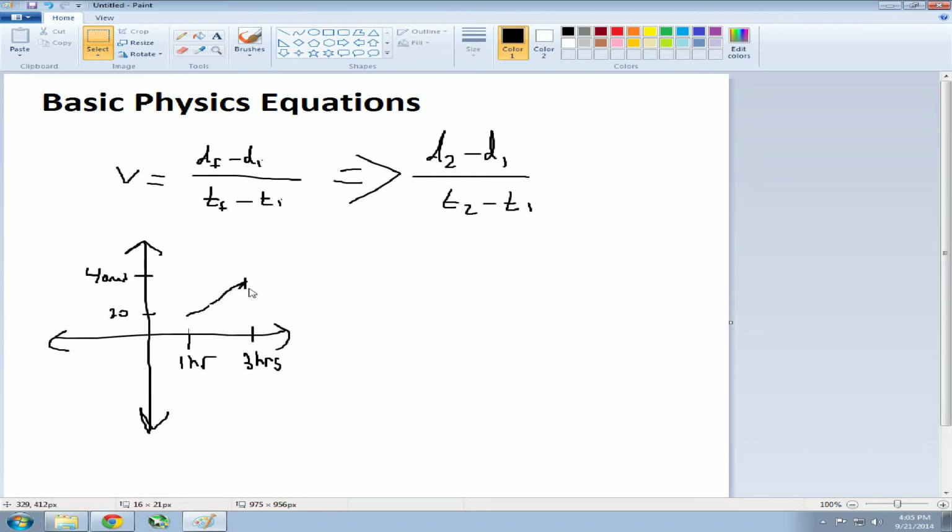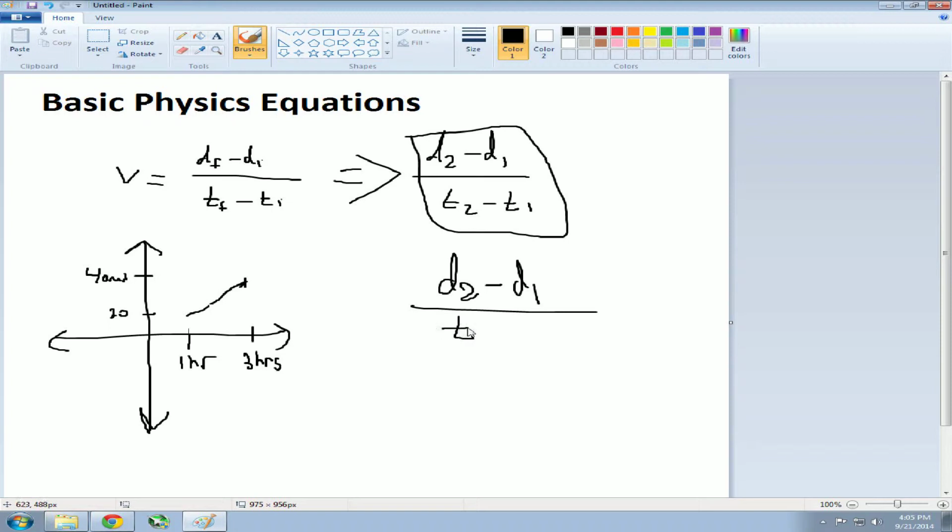The first thing you do is take this equation. The velocity is a change of distance over time. If you want to think of speed, think of cars: miles per hour. The distance is miles, and hour is time. So we use d2 minus d1 over t2 minus t1, and this is the speed, which I'm going to write as v.